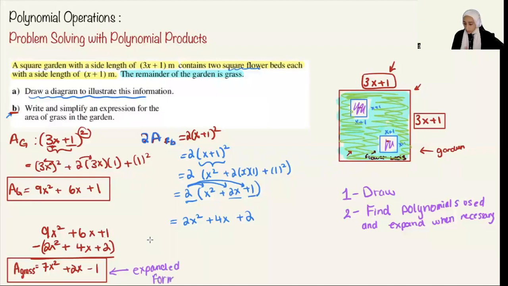All right. So expand when necessary, and then answer the question. So once I've worked with my polynomials and I've put them in a form that I needed, I need to answer the question. I need to see what the question is asking, because I don't want to just leave it at expanded form. Okay, what does that even mean for us? No, what's useful here is that they ask for the remainder of the garden.